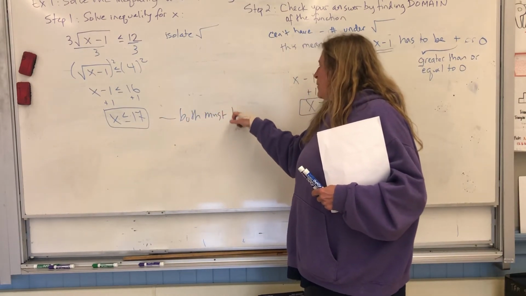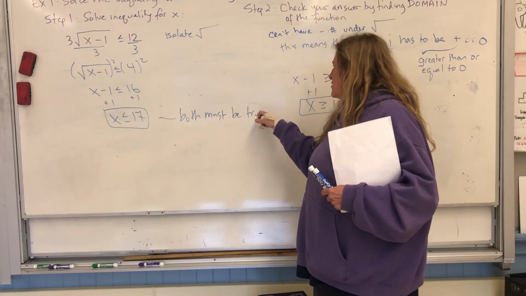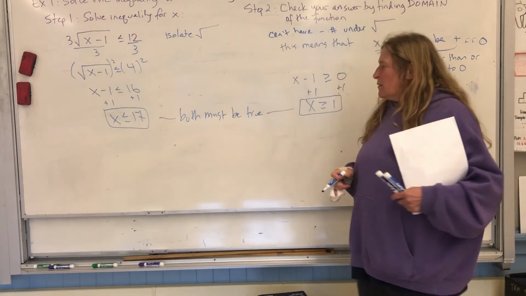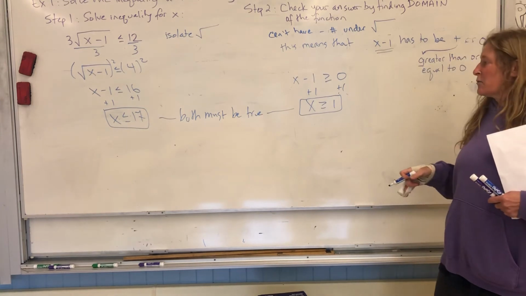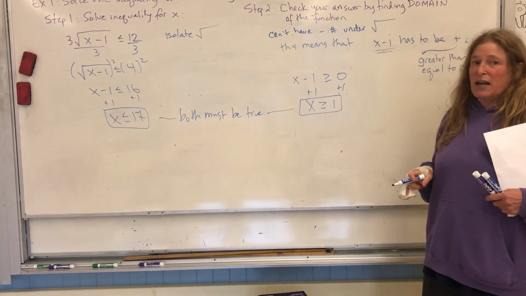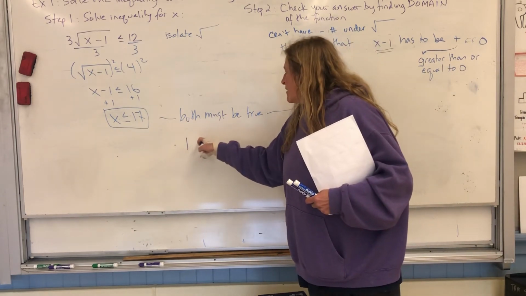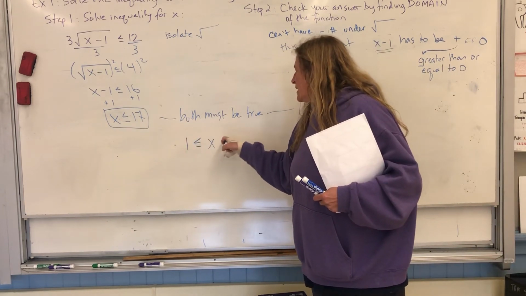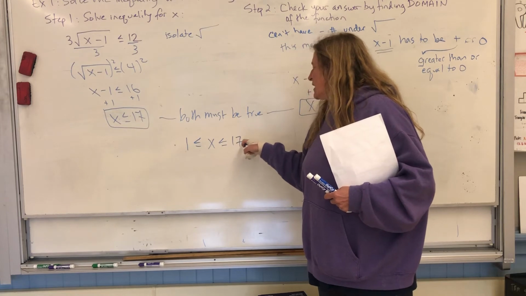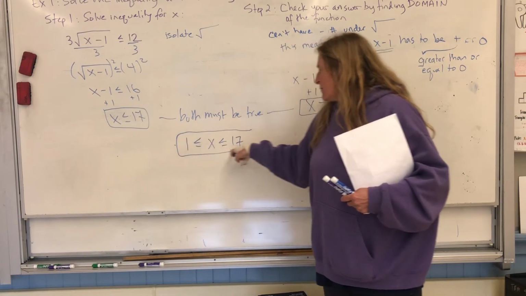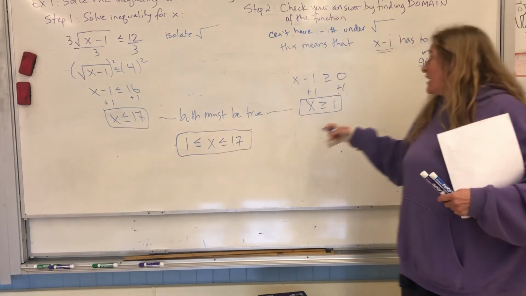So how do I combine this into one statement? Well, I need numbers less than or equal to 17, but also those numbers have to be greater than or equal to 1. So I can write it like this. x has to be in between 1 and 17. Because once I get less than 1, then I've got a problem.